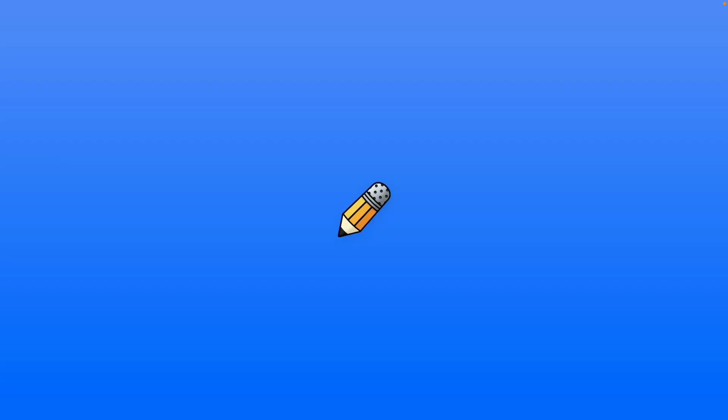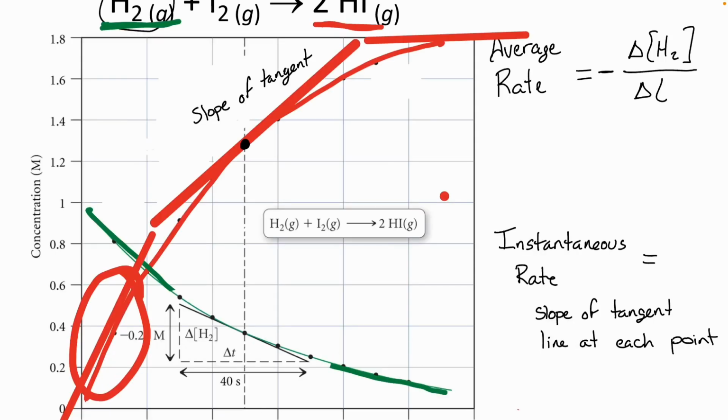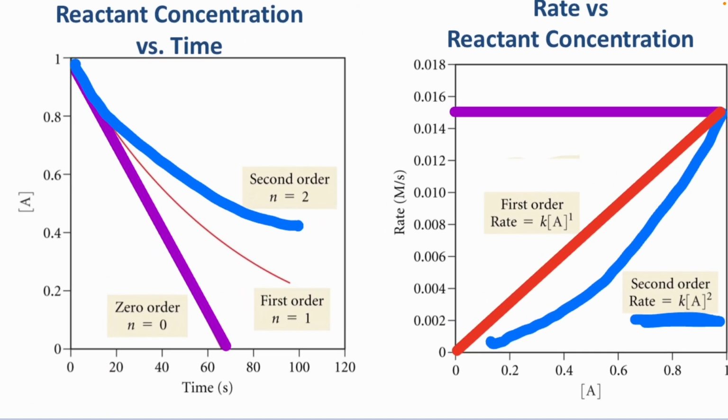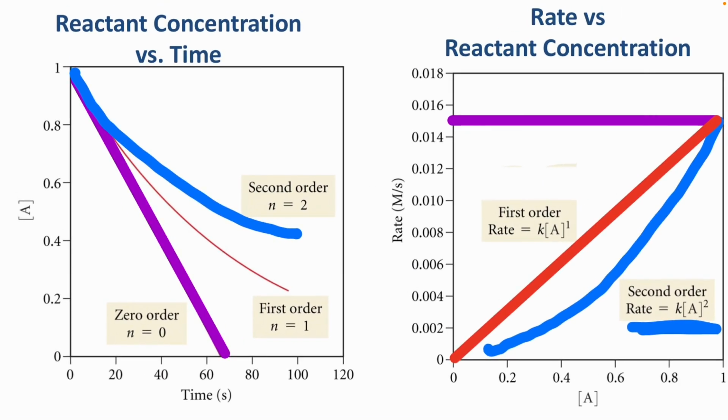So if we were to make this plot, looking at reactant concentration versus time for a 0th order reaction, it's linear with a slope of negative k. So it just kind of crashes down.